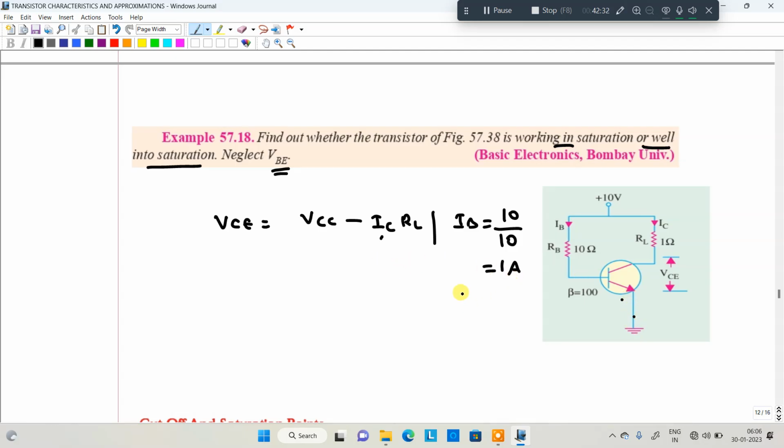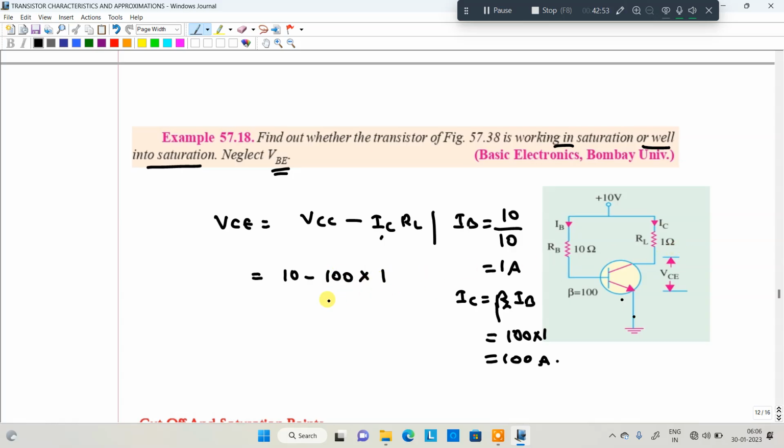So IB is 1 ampere. From that, IC is equal to beta into IB. You know that formula. What is beta? 100, right? Into 1, that is 100 amperes. So finally VCC, that is 10, minus 100 into RL. RL is 1.